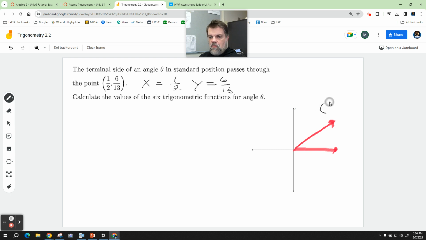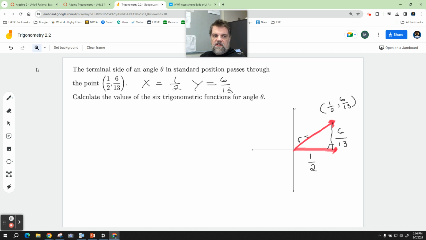So I've got 1/2, comma, 6/13. Now remember that the x is the adjacent, so I'm going to put my 1/2 here, and then over here, this is 6/13. Now here's the not so fun part, is that I need to find the radius r.